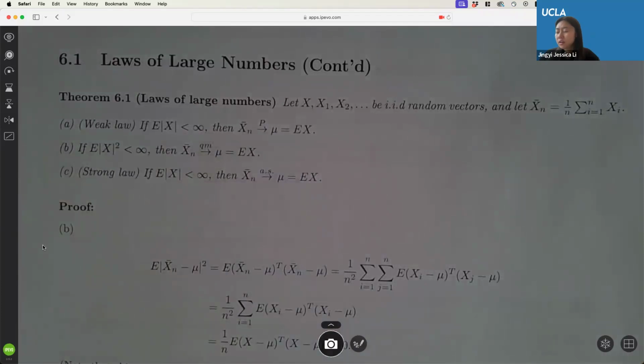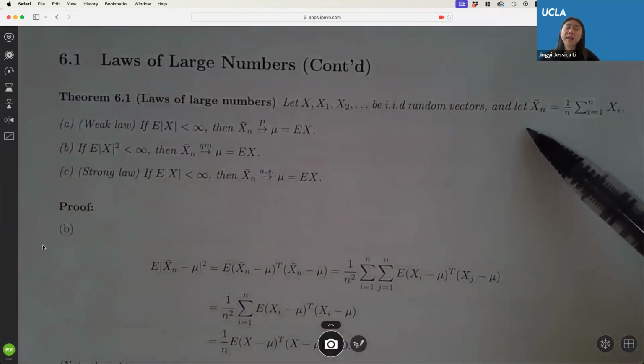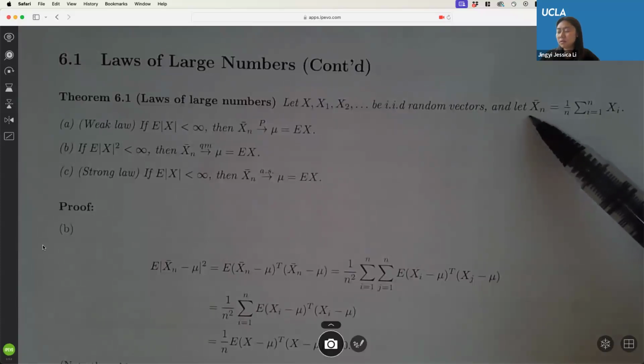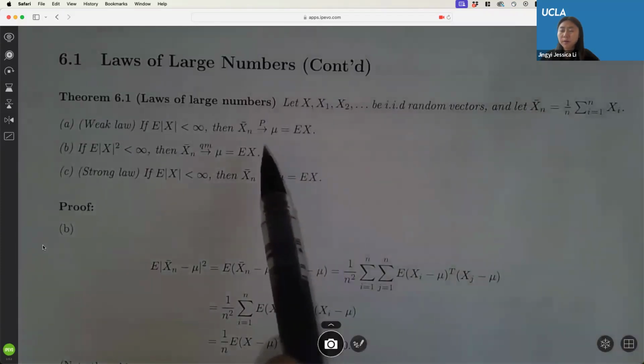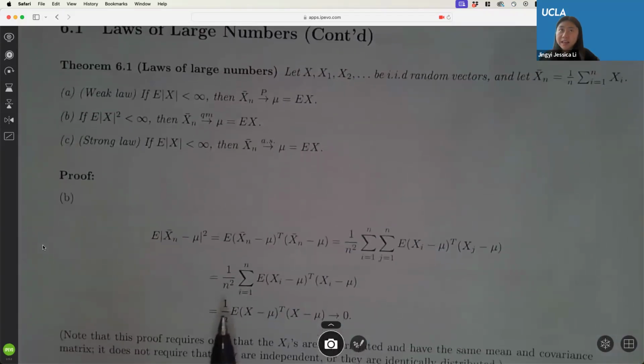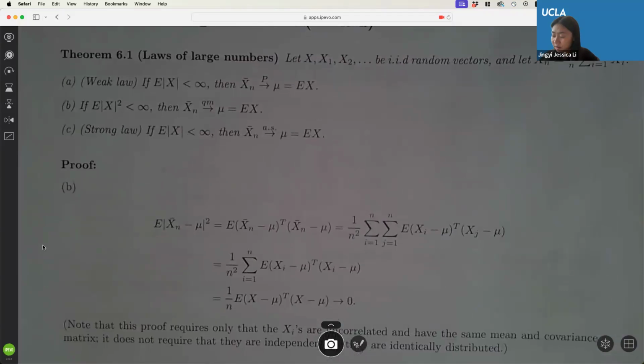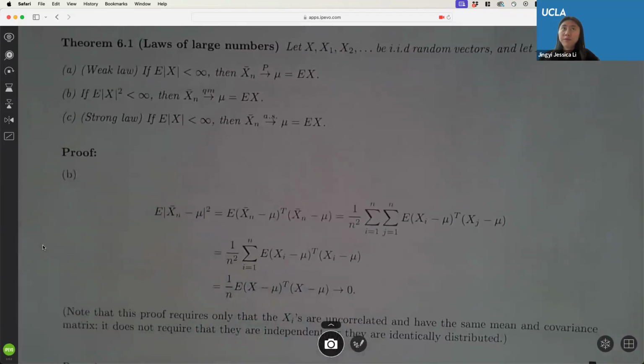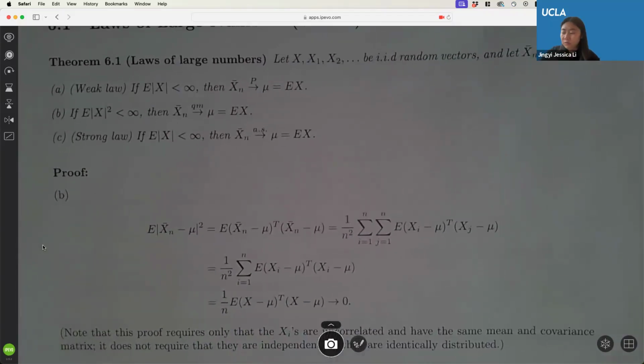Essentially, the law of large numbers is talking about the behavior of the sample mean. It says that as our sample size gets larger and larger, our sample mean will get closer and closer to the population mean, and we have the three modes of convergence. I will skip the proof because, as we said, it's not easy, especially for the strong law. If you are interested in learning it, there are some references in the notes you can refer to.